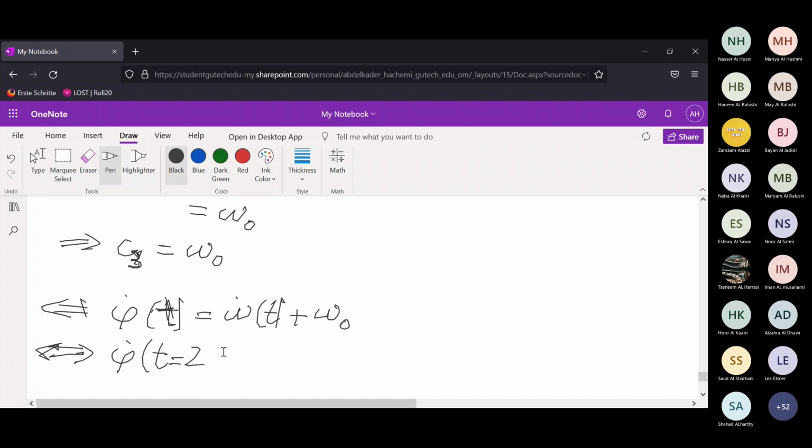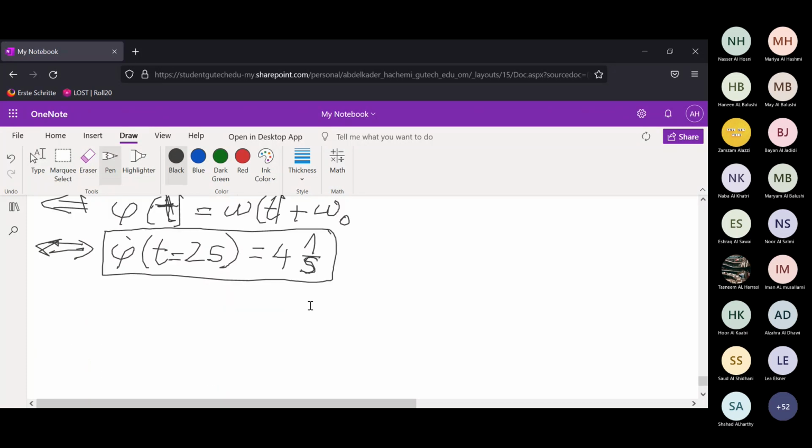Then we have here the value we get. If we are in place, we get the value of 4 1 over second. This is for phi dot at time t, 1 over second.